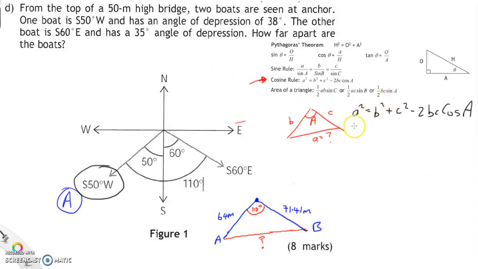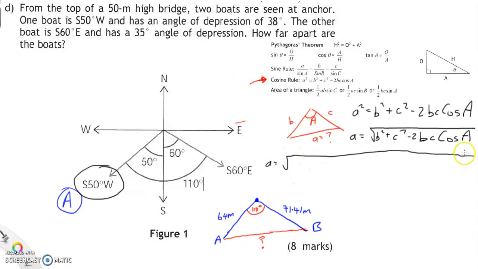So we can just rewrite this, get the square root of both sides, and a equals the square root of b squared plus c squared minus 2 multiplied by b multiplied by c multiplied by cos A. You can fill it in with the numbers now.